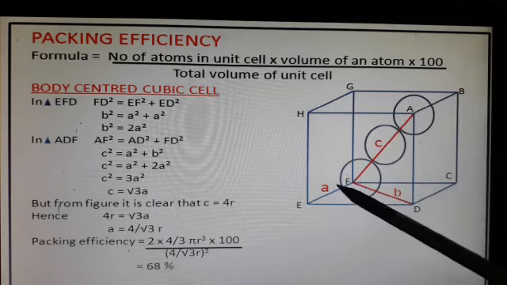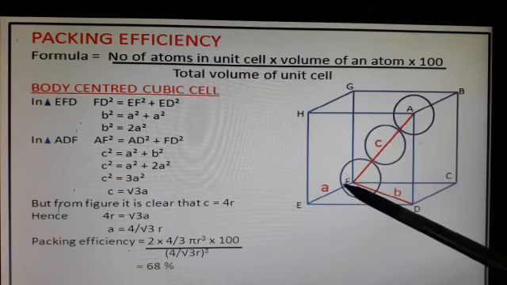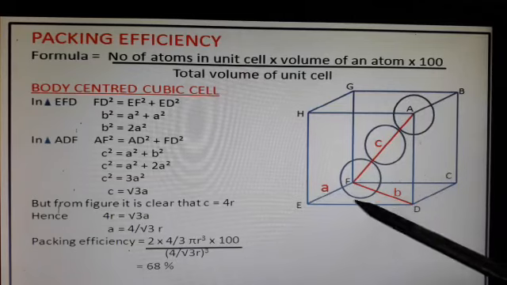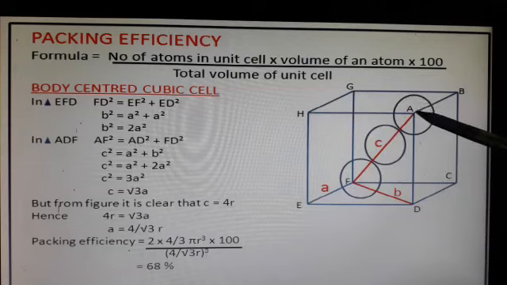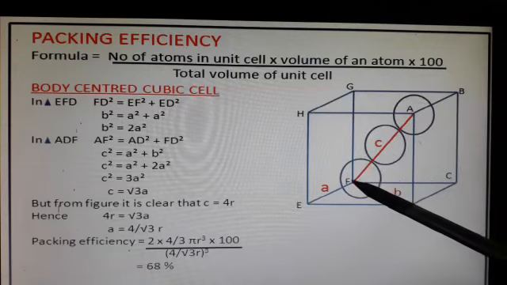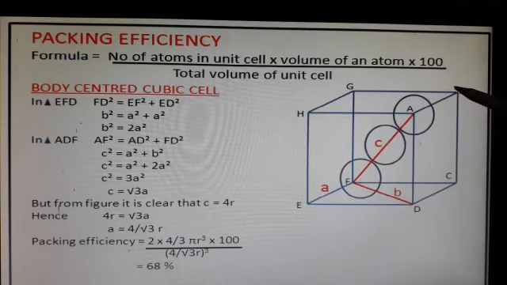Remember, this one is a square diagonal because this face is square shaped. This is a cube, so it's a cube diagonal. Remember, diagonal FD is B. This is a square diagonal, but if you join F and A, it is the cube diagonal.